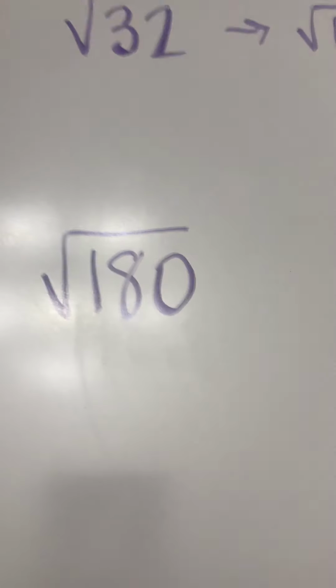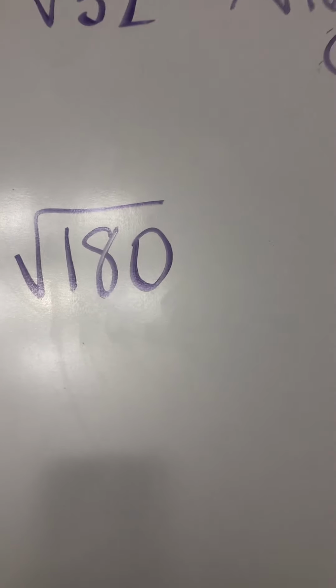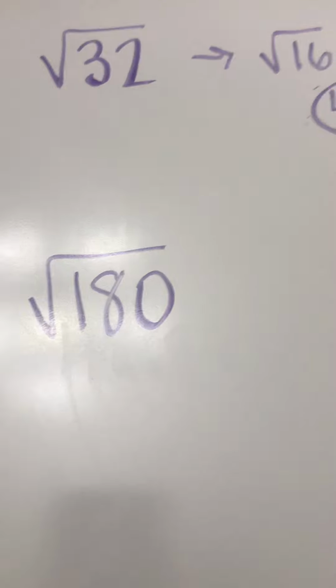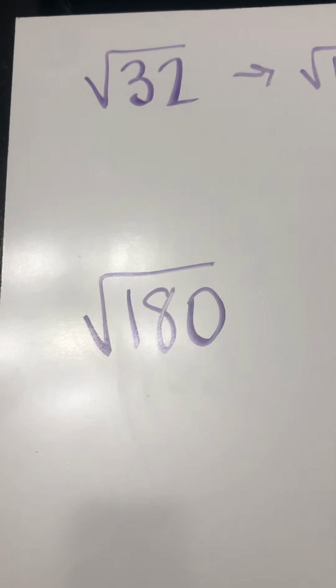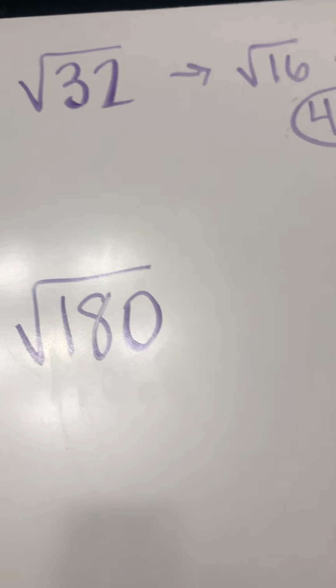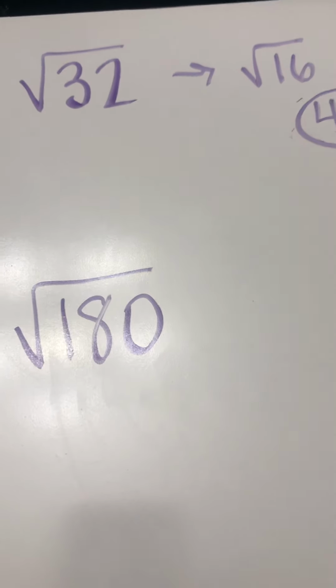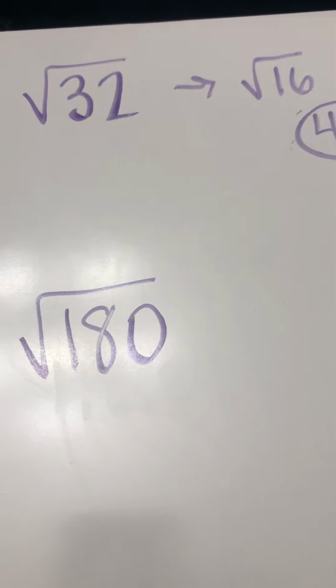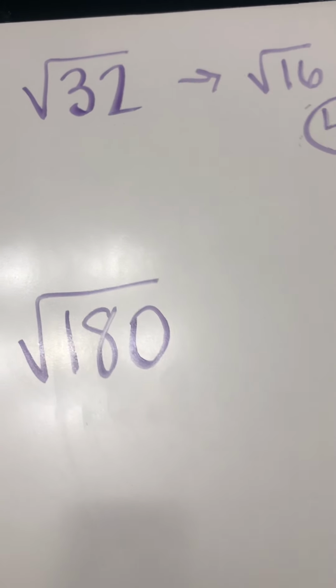So let's look at the square root of 180. This one might be a little bit harder because it's a little bit higher, but I need to start thinking of square roots that are around it. If I start to go through my list, I know 25, no, I'm trying to think of all these things that might go into it. You might say 4, 180 divided by 4, does that work?